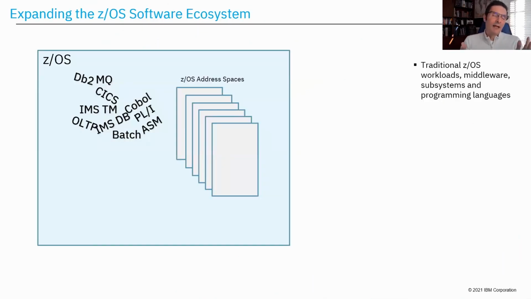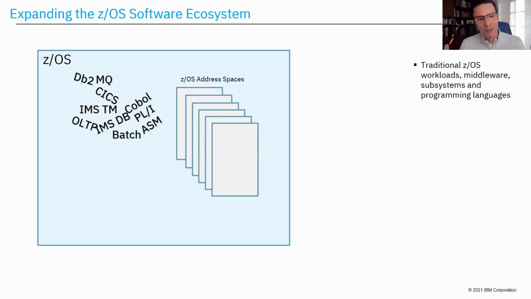So let's talk a little bit about the zOS software ecosystem and what zCX brings to the table. For many, many years, zOS has been about running online transactions and using traditional middleware products to have high availability and high throughput transactions on the system.